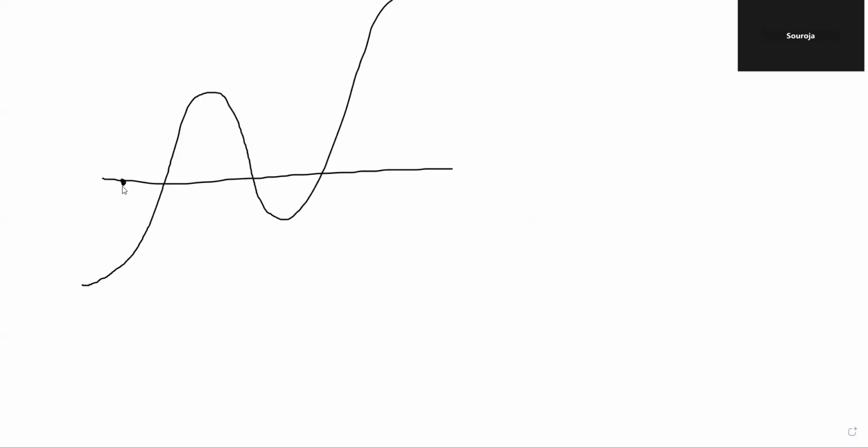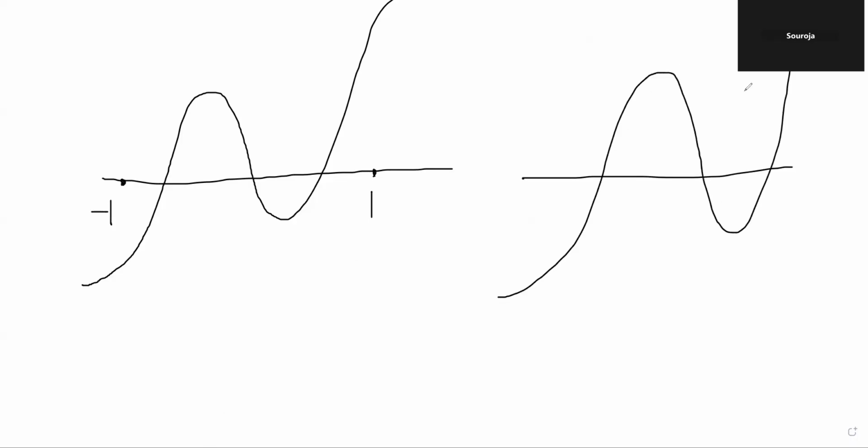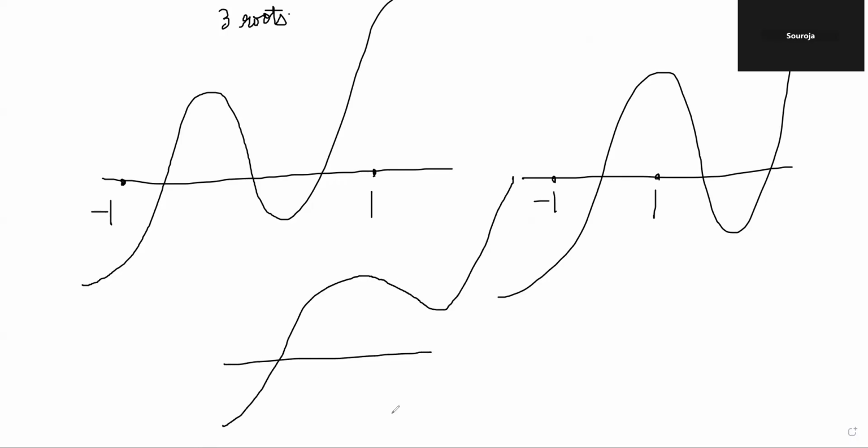Now, it depends whether -1 and 1 are like this or like this, right? This is a cubic which has 3 roots. There are also cubics which are like this. Notice that it doesn't cut the x-axis again. So only one root for this cubic, right?